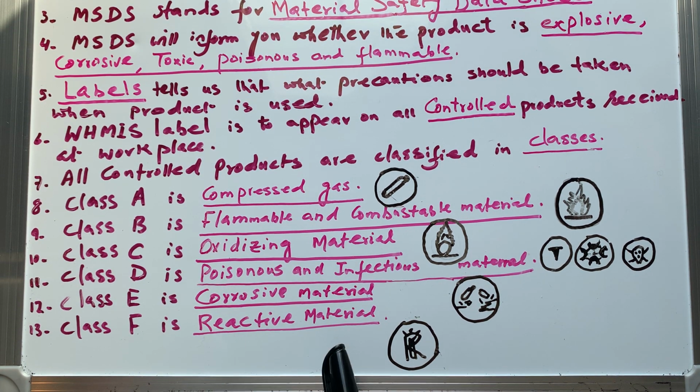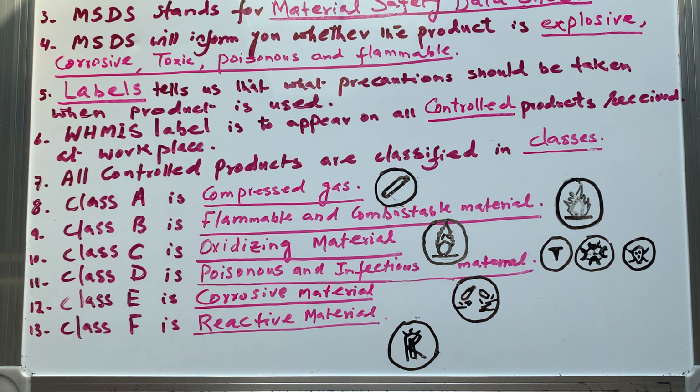Then there is reactive material, dangerously reactive material, and the symbol is an R with a test tube inside the R. You have to remember dangerously reactive, but the symbol is easy because reactive is R. So R and a test tube in a circle. These products may self-react dangerously. For example, they may explode, from physical shock, pressure, or temperature, or they can emit toxic gases.